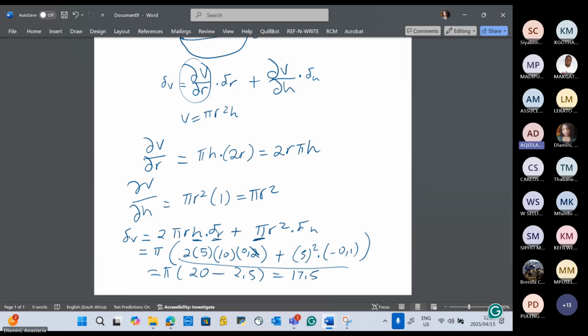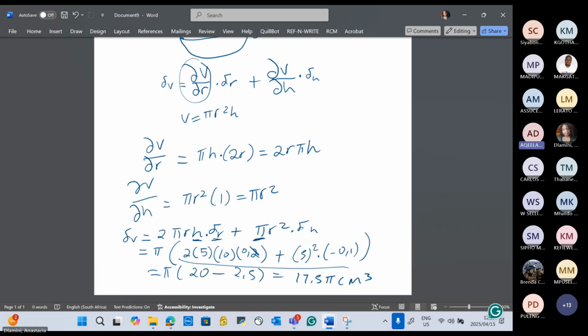It should be centimeters cubed. Are we all okay on centimeters cubed? Ma'am, you've got your pi. Oh, yes, thank you. Are we all okay with the units, guys?